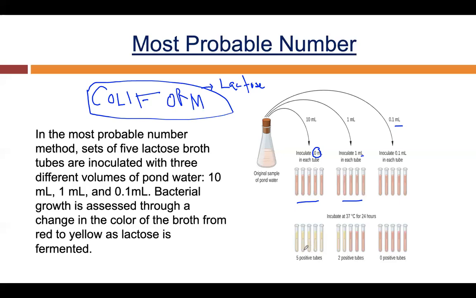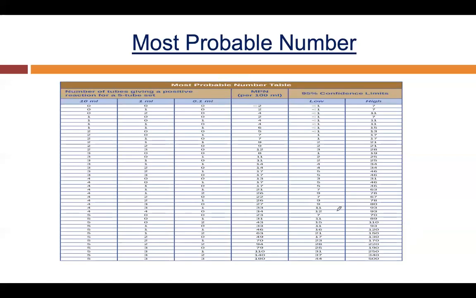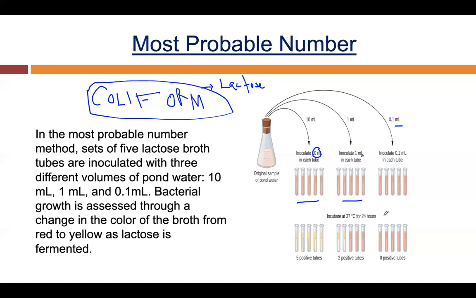By seeing that color difference and counting how many tubes show a positive result, we have a statistical chart like this, and then we can tally and find out the most probable number. Over here, the first set with 10 ml was very strong, 5 positive tubes, over here 2.